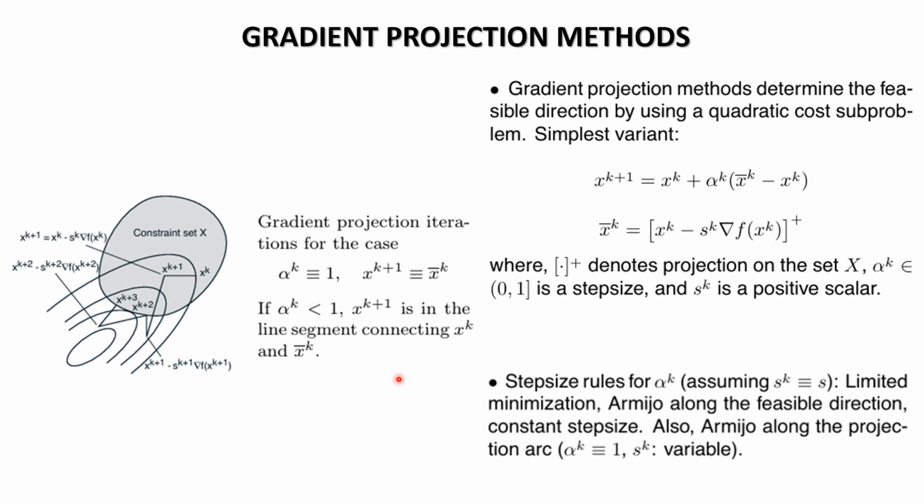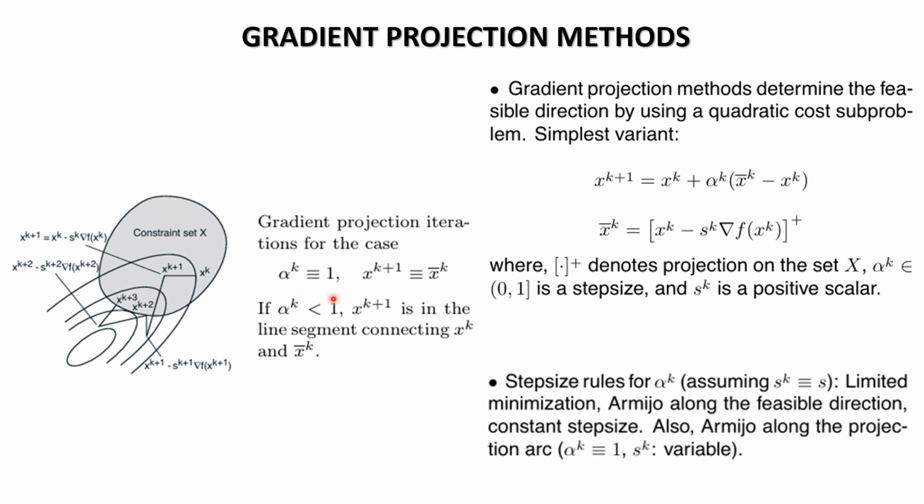And line search, limited minimization, where we minimize f of xk plus alpha dk over a feasible alpha. And the arc-based rule, when moving along the projection arc, used with variable sk. We can consider special cases.